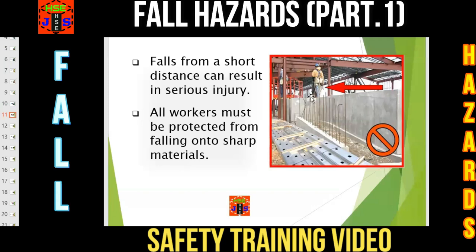There are reinforcement bars. If he does not follow safe work practices, maybe he will fall on the rebars and there is a potential catastrophic incident. In this case, this work area is not safe. It can cause a workplace accident.